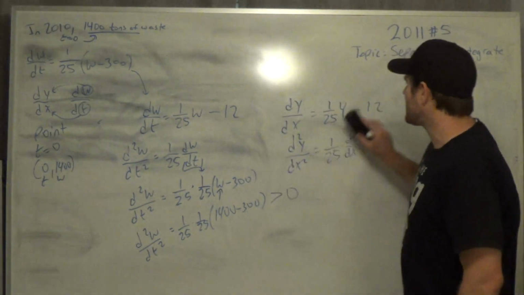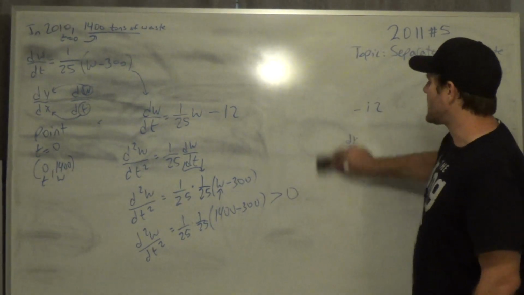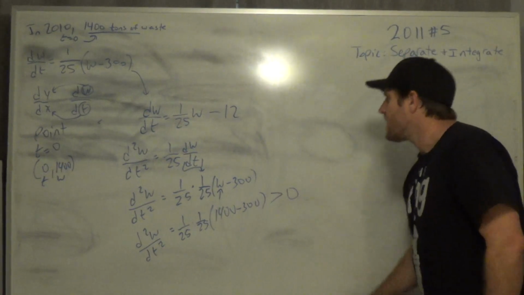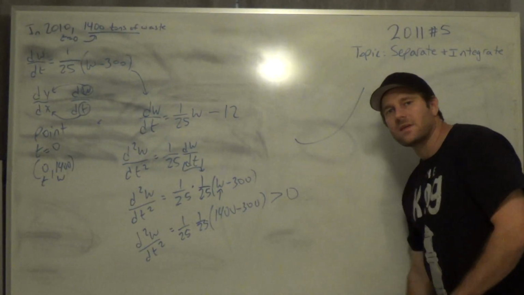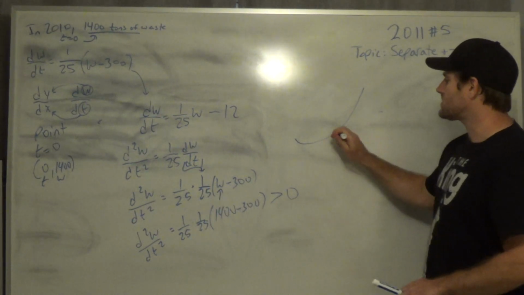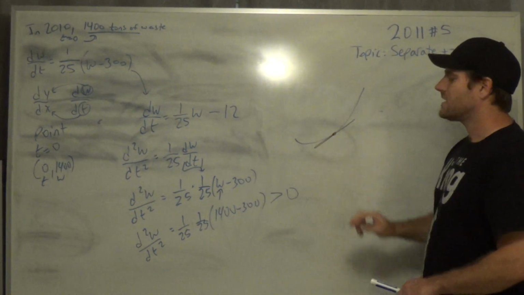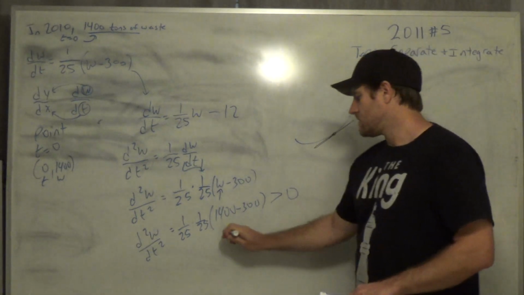Now, why does that make a difference? Well, if our second derivative is greater than 0, that means our graph is concave up. And if our graph is concave up, what does that mean? It means our tangent line is an underestimate.